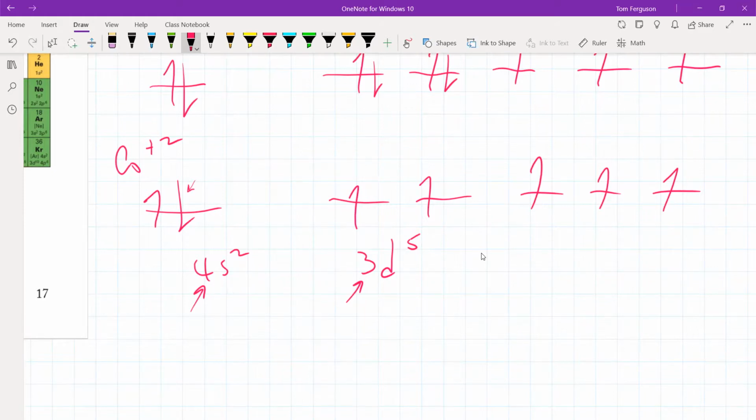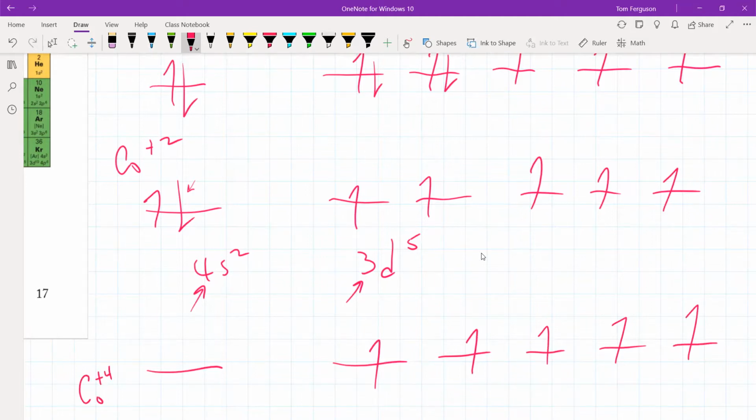If we remove those, because they're far away from the nucleus, shell 4 versus shell 3, it would look like this. So that would also be a candidate.